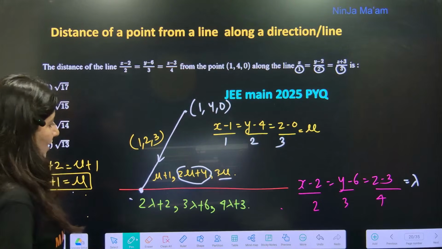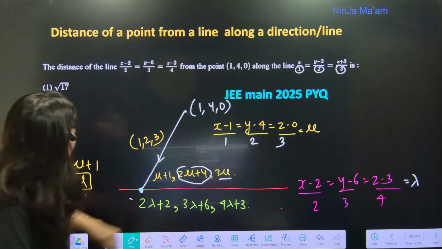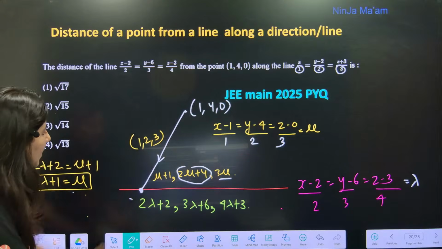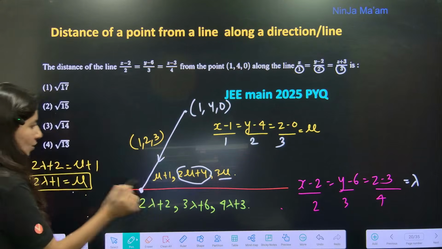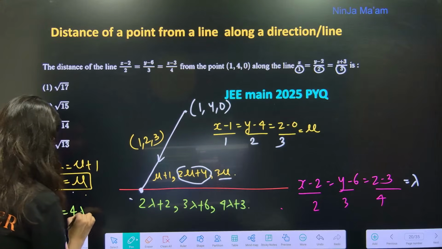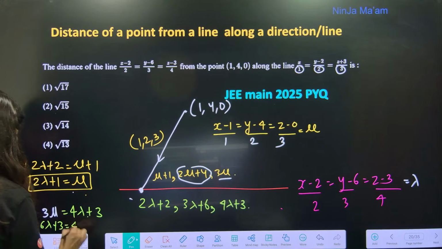So mu plus 1, 2 mu plus 4 and 3 mu, absolutely correct. Now here it will be 2 lambda plus 2, 3 lambda plus 6, 4 lambda plus 3. Equate. This is correct. Now 3 mu is equal to 4 lambda plus 3. Now put the value of mu.